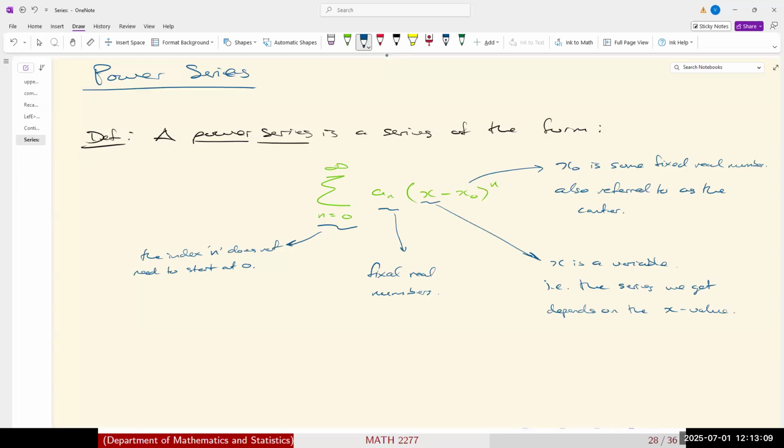If you take x equal to 1 and plug it into a power series, you get one series. If you take x equal to 7, you get a next series. So a power series is sort of like generalizing what we had before. Now the power series depends on the value of x.